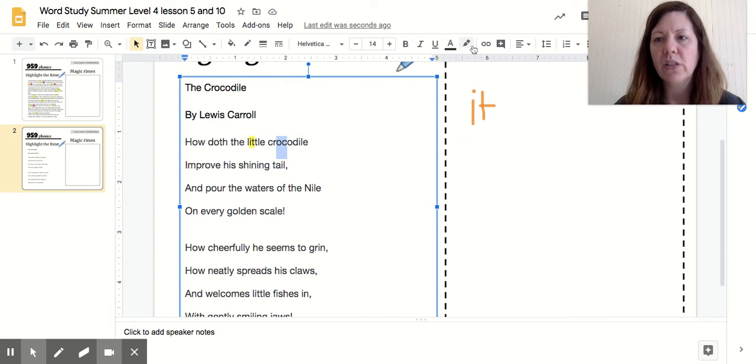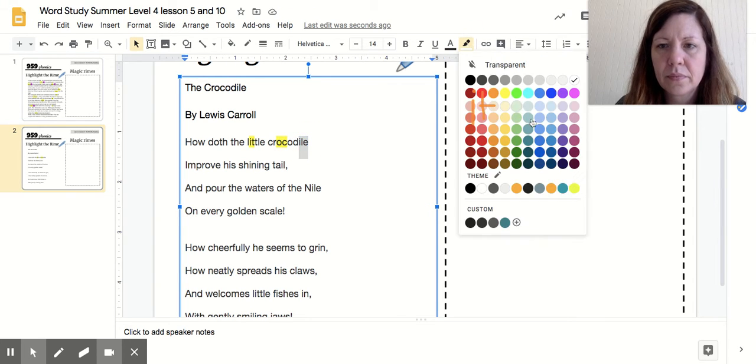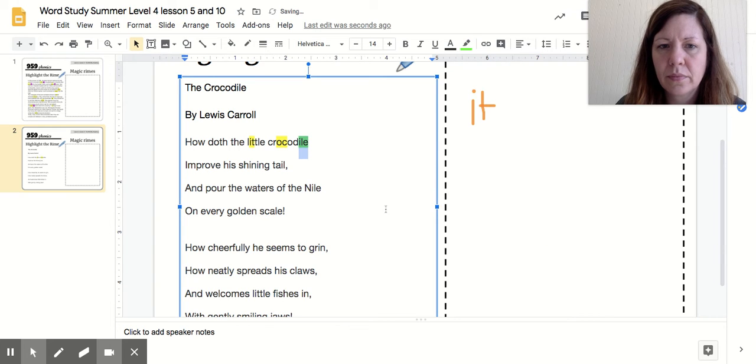Croc, that's first level, crocodile. So I see croc, I see ock. And then I see isle at the end here. So I'm going to write ock, and I'm going to write isle.